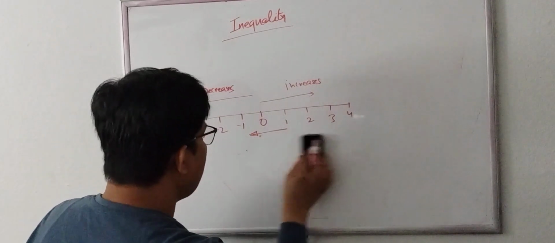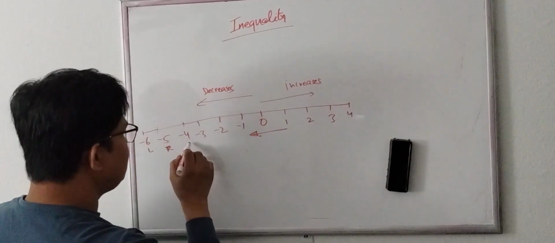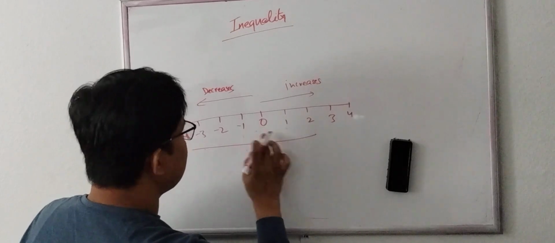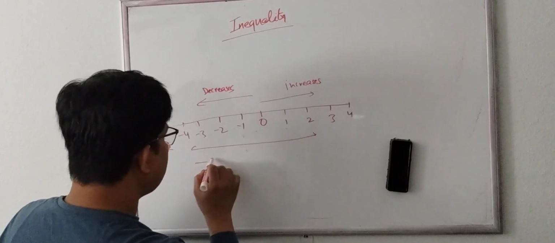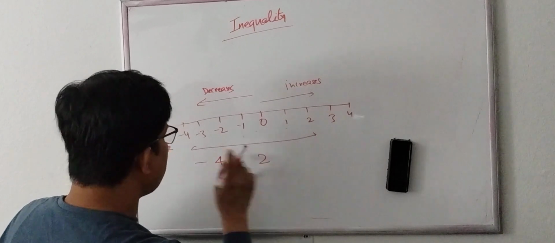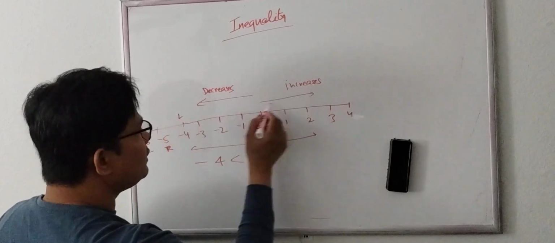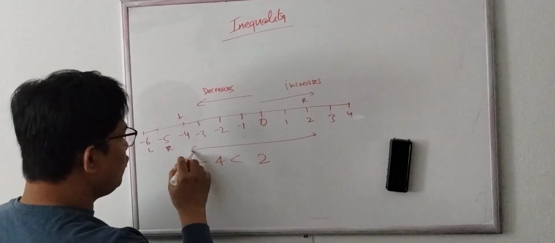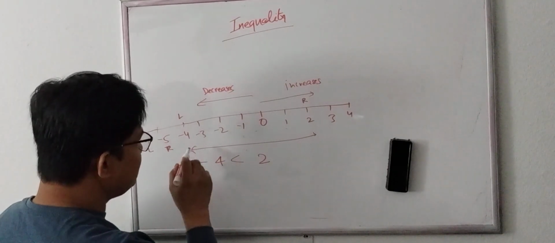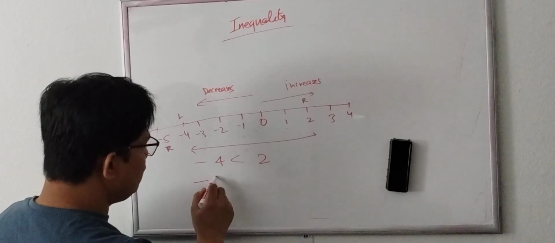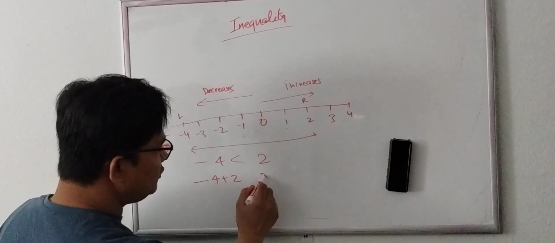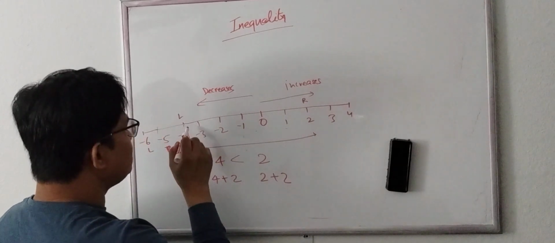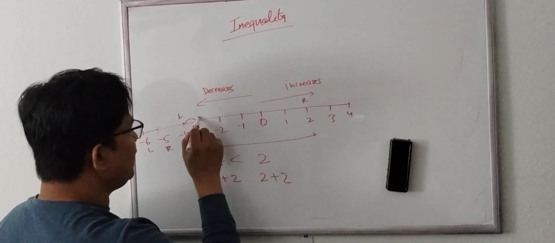Now if I add something, let's say this relationship, -4 and 2. So -4 is less than 2 because -4 is on the left side and 2 is on the right side. So what happens if we add something? Let's say I add 2, -4 plus 2 and 2 plus 2. If I add 2 on the number line, basically we are moving 2 steps ahead.